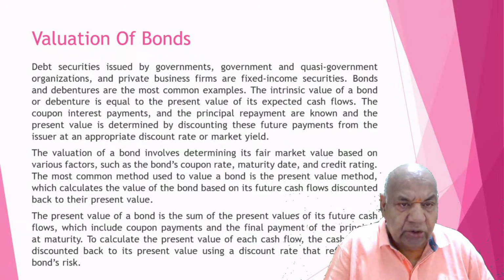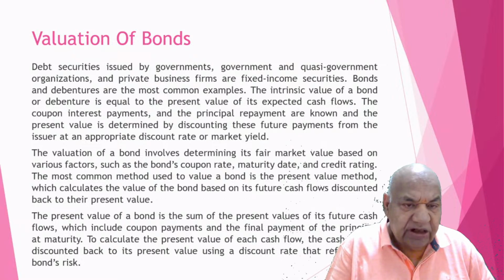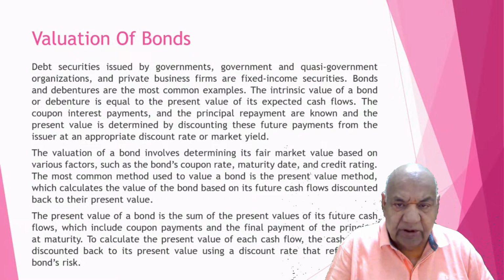Debt securities issued by governments, government and quasi-government organizations, and private business firms are fixed income securities. Bonds and debentures are the most common examples. The intrinsic value of a bond or debenture is equal to the present value of its expected cash flows.